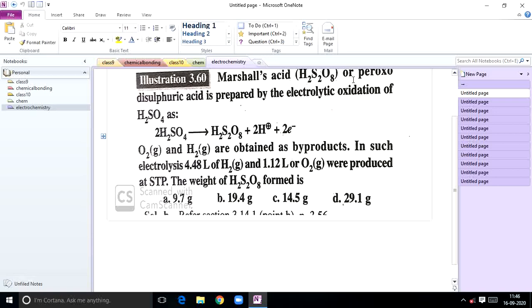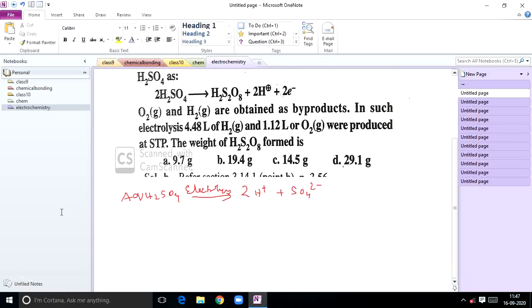So if you take generally, this is quite an entirely different sum. Actually, especially this is for IIT students, aqueous sulfuric acid on electrolysis will give 2H+ and SO4 2-, actually ions. So what are the reactions that take place at the anode?